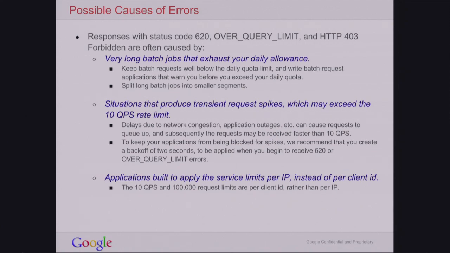And so the easiest solution to this situation would be to break up long batch jobs and make sure that you stay well within the QPD limits that are applicable for that particular web service that you're making a request for.